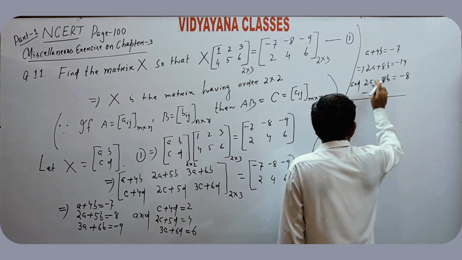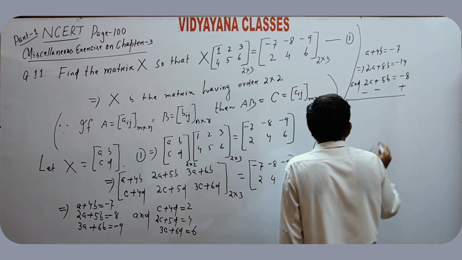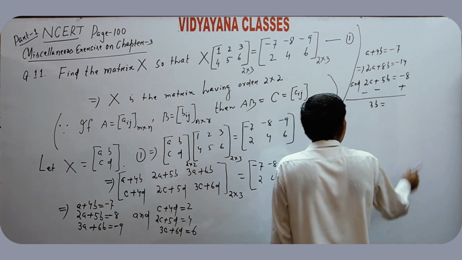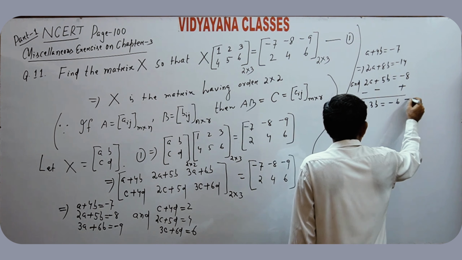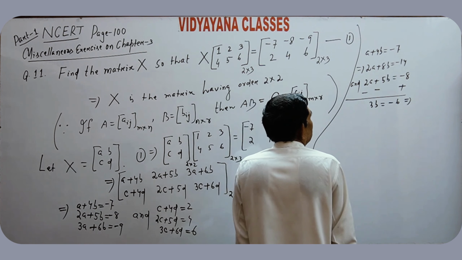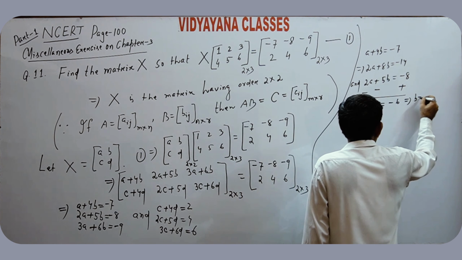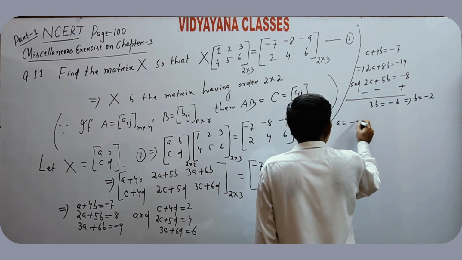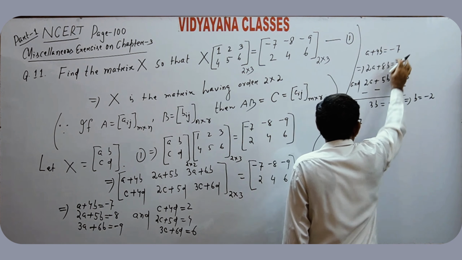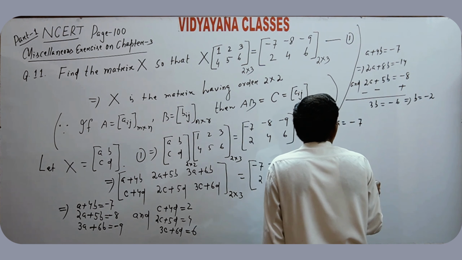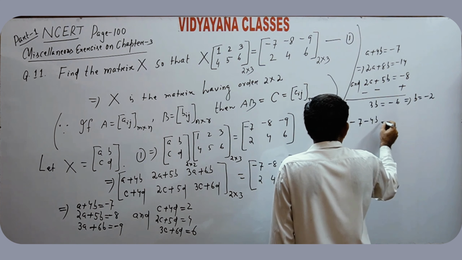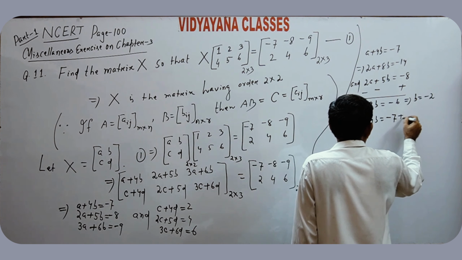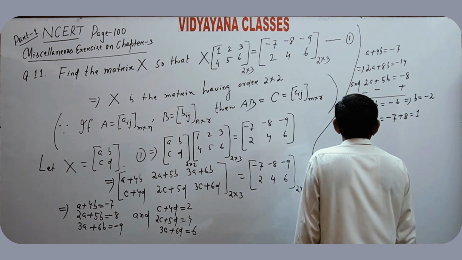By the subtraction, 3B is equal to -6, implies B is equal to -2. Now A plus 4B is equal to -7, so A is equal to -7 minus 4B, which is -7 plus 8, equal to 1.